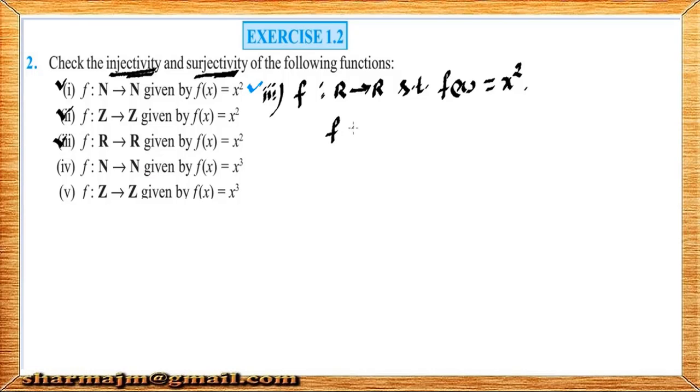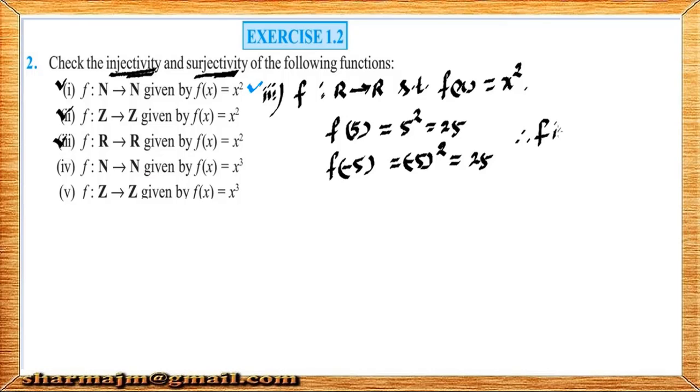If we take 5, f of 5 will be 5 square, that is 25, and f of minus 5, that is minus 5 square, is again 25. So therefore, 5 is having its image under f as 25, minus 5 is having its image under f as 25. So this function is many to one. So f is not one to one.